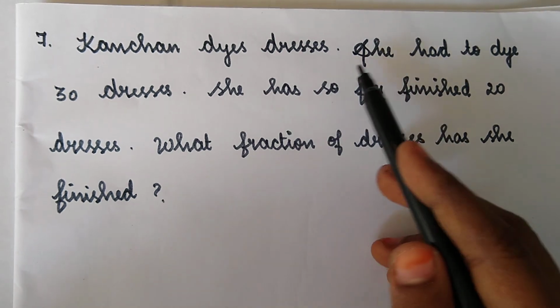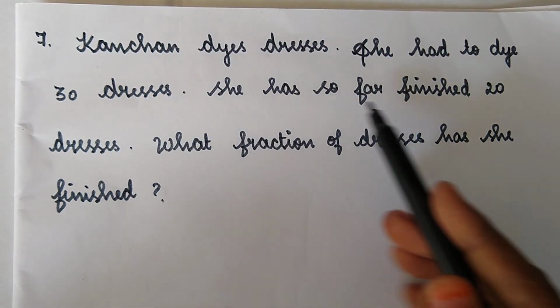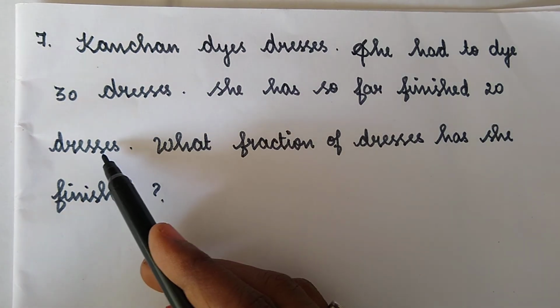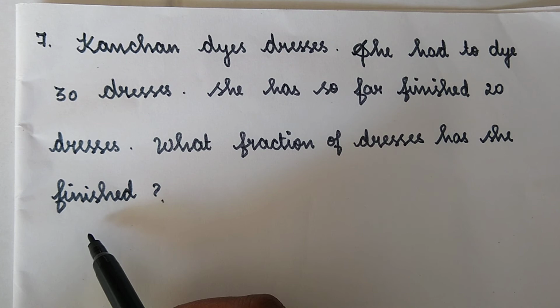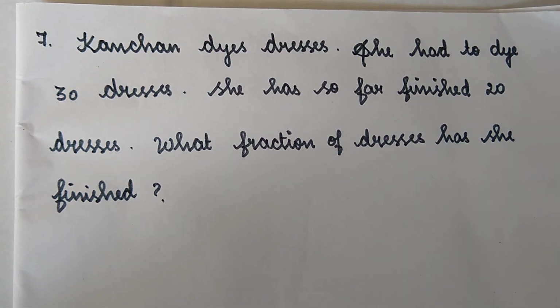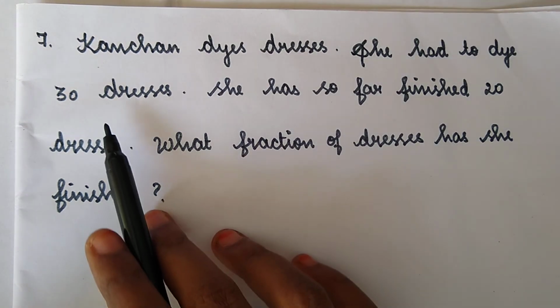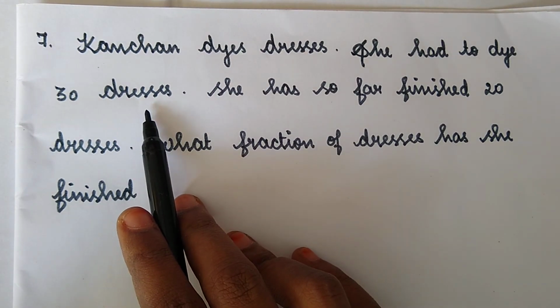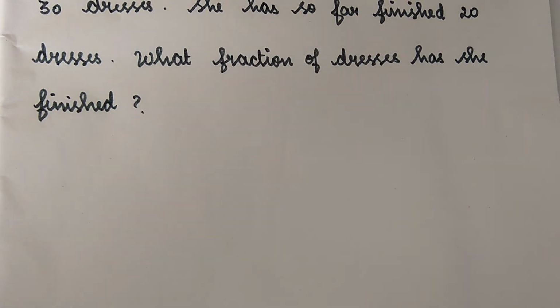Kanchan dyes dresses. She had to dye 30 dresses. She has so far finished 20 dresses. What fraction of the dresses has she finished? Okay, so this is the question. First we have to write the given part of this sum.